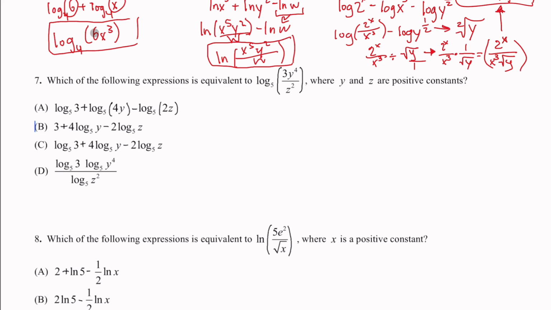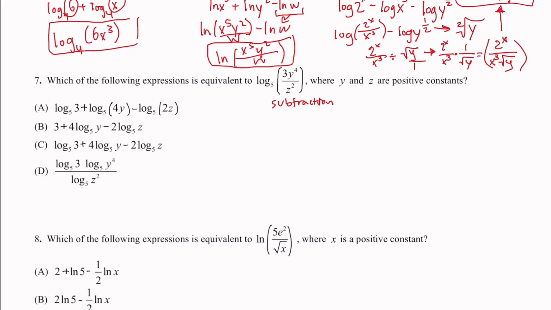So, which of the following expressions is equivalent to log of 5 and this expression right here, where y and z are positive constants. Okay, so we know that this is division right here, so it must be subtraction, and we see that there are exponents there.